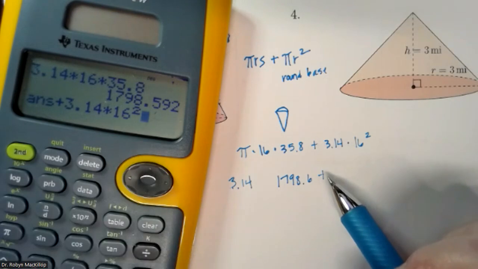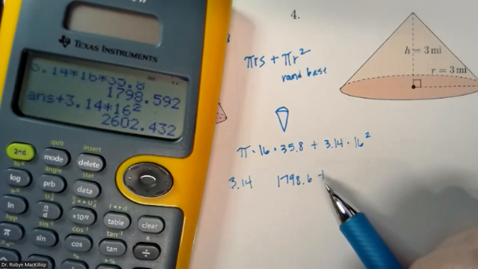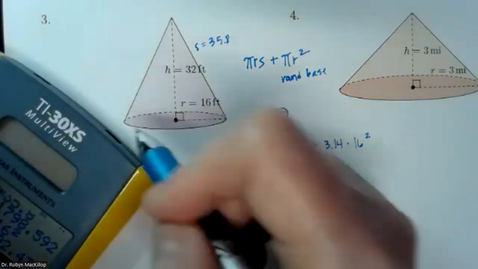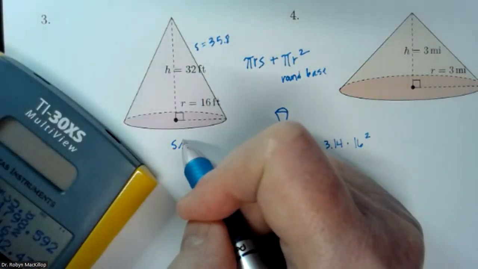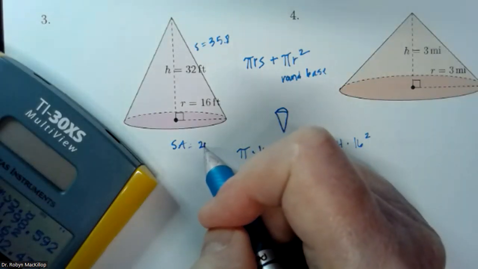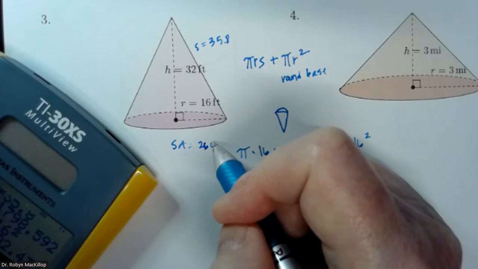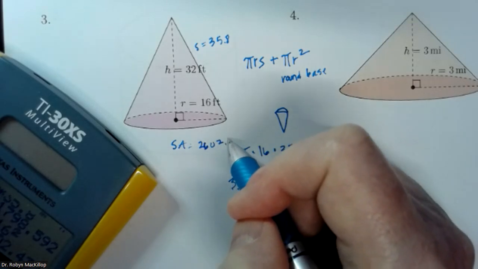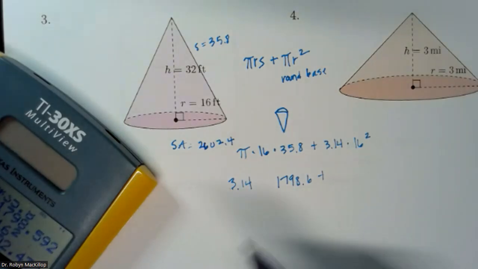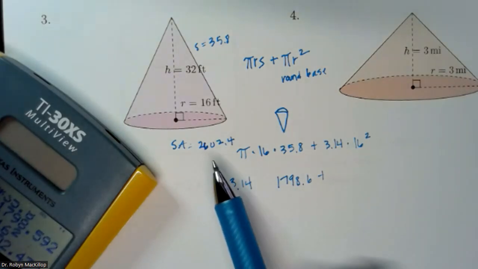Get out of exponent mode. 2602.4. So the surface area is 2602.4 square feet. And again, they'll do the square feet for you.